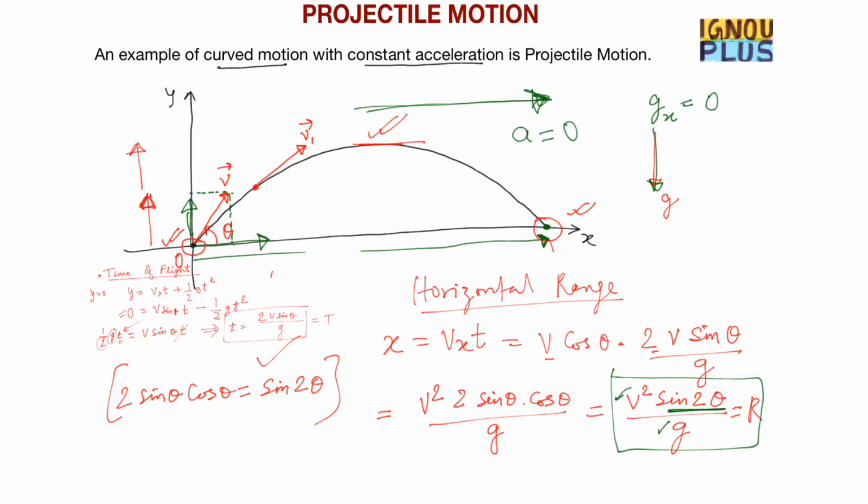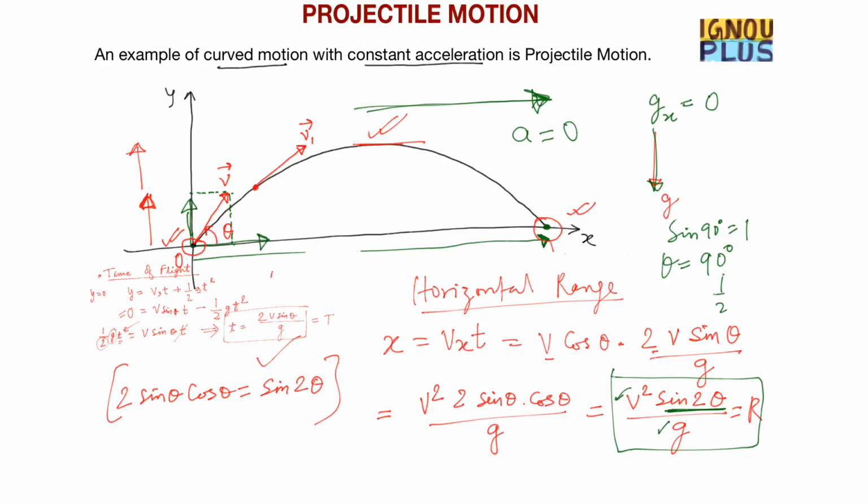So sine has the maximum value when the angle is 90 degrees, because sin 90 degrees is equal to 1, and for anything less or more we will get some different value, 1 by 2 or maybe root 3 by 2.